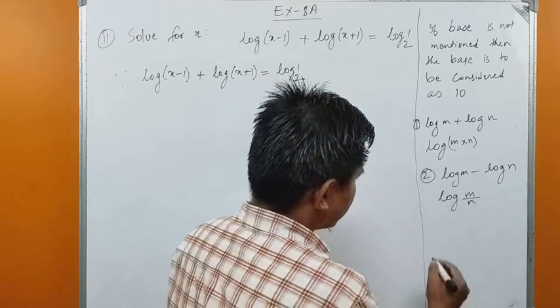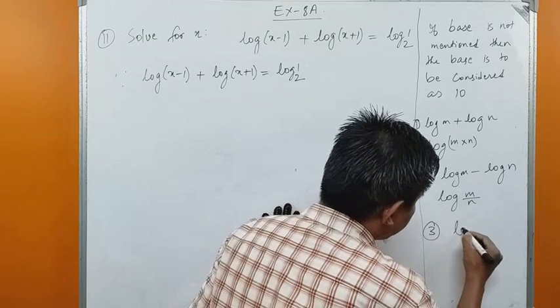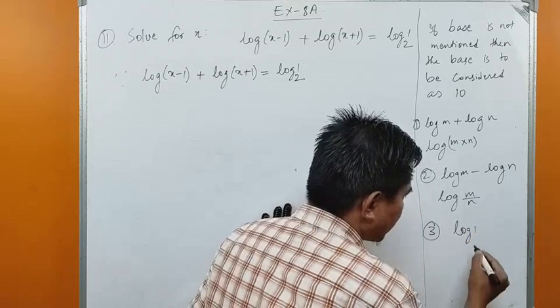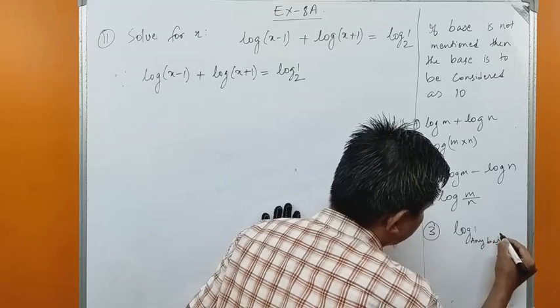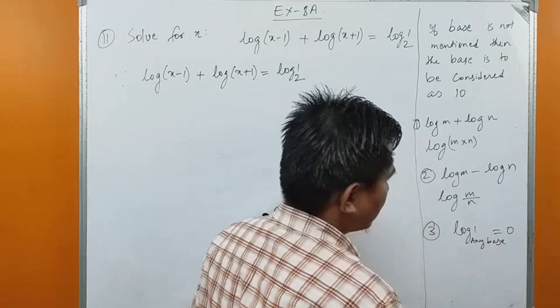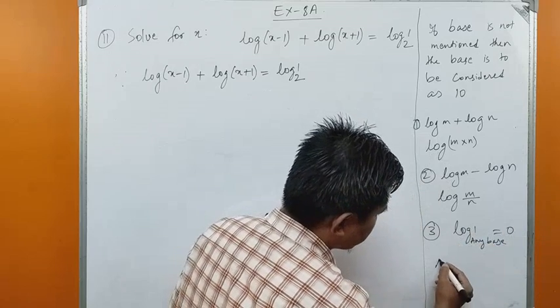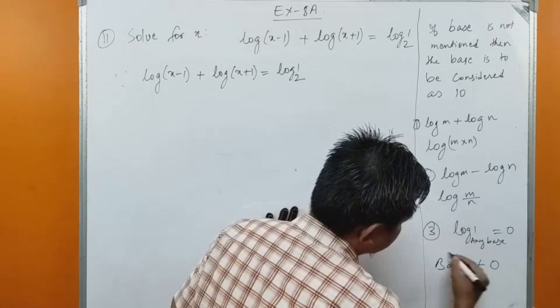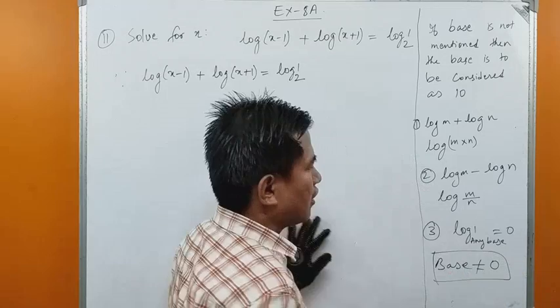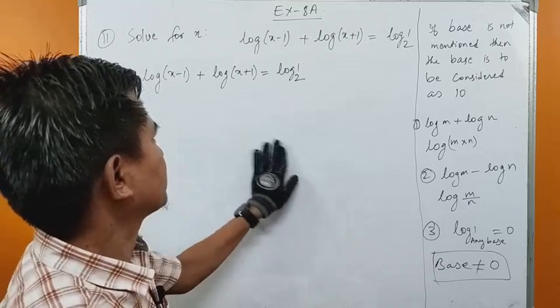And the last thing which I want you to know is log of 1 to any base is always 0. Any base means the base should not be equal to 0, except this condition. Log 1 to any base is always 0. This must be kept in mind.